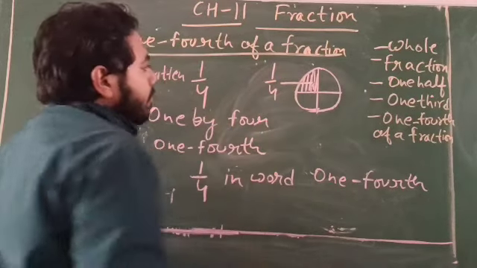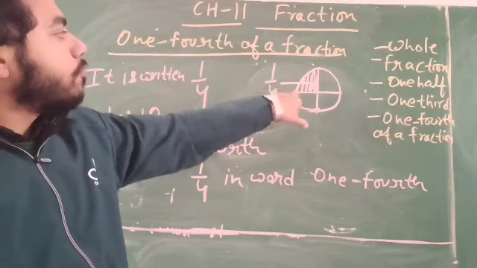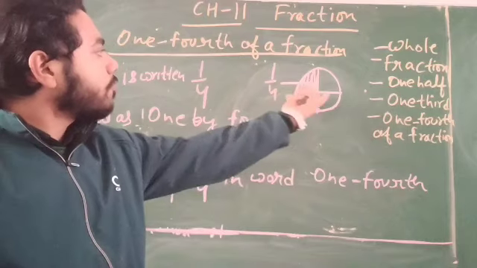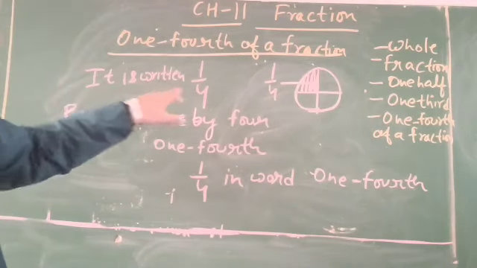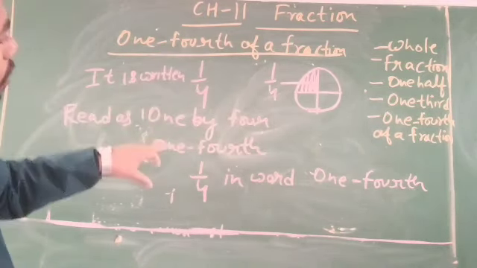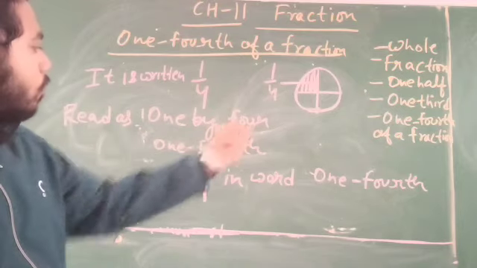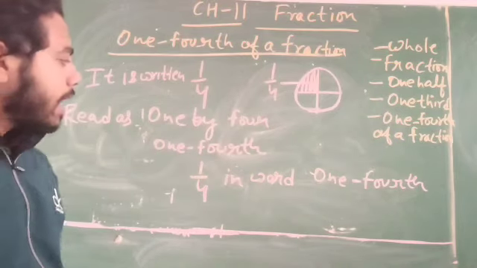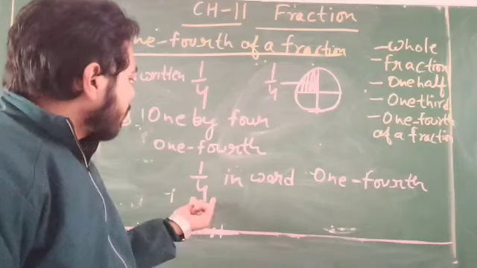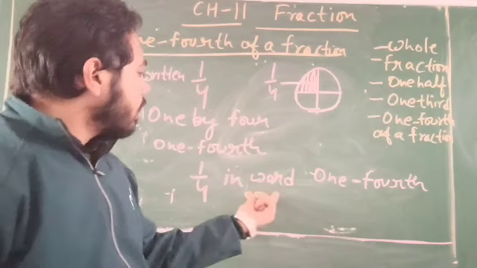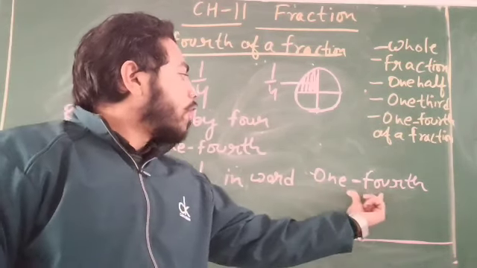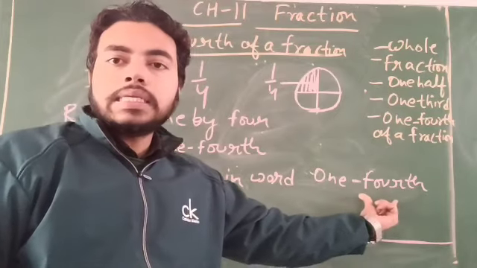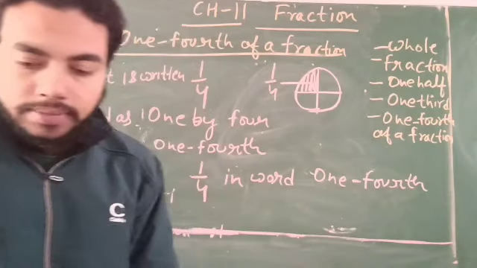So that figure is representing 1/4 part of a circle, and it is written as 1/4. We also learned how we read 1/4 and how 1/4 is written in words.